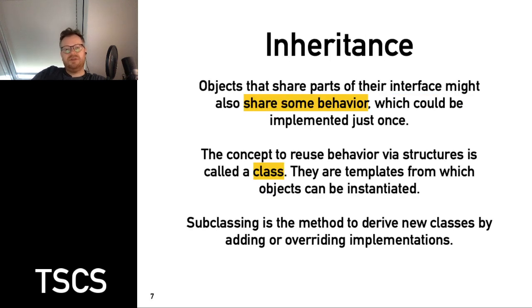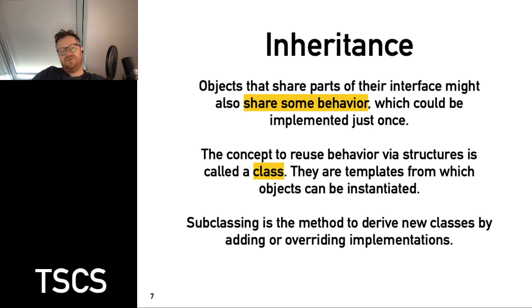Let's move on to inheritance. Objects that share parts of their interface might also share some behavior, hopefully. And the idea is to implement this once, rather than to copy every function's code to every subtype. This is inheritance, the automatic reuse of behavior. And the concept to reuse behavior via structures is called a class.